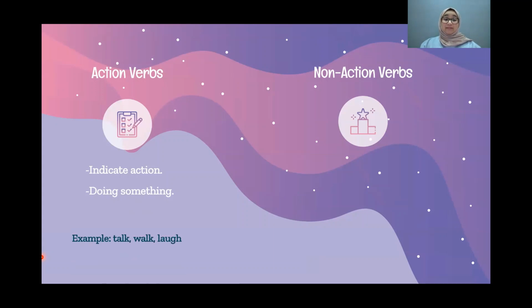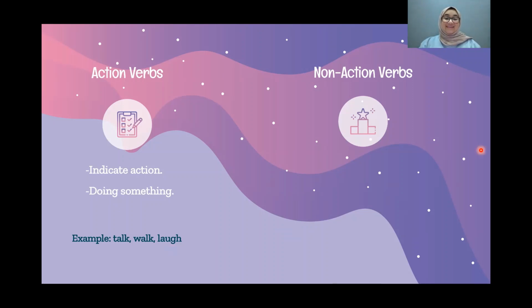For an example, we have talk, walk, and laugh. As you see, these verbs indicate action. When you talk, you are doing an action, which is talking. When you walk, you are also doing an action. And when you laugh, it's also an action, which is doing something.